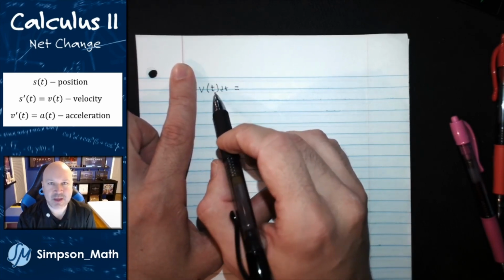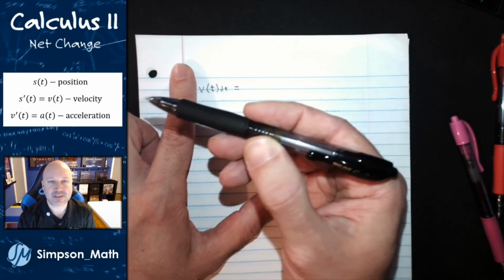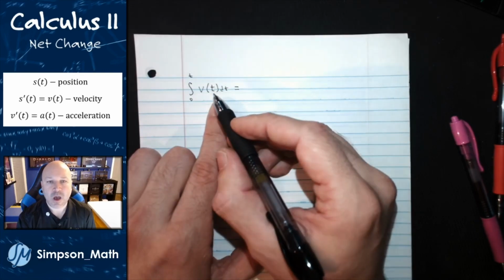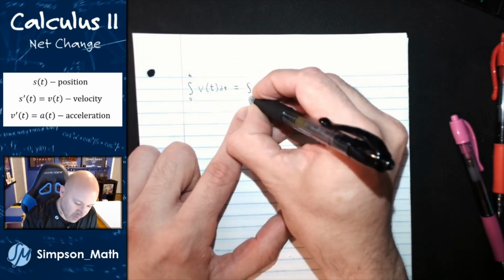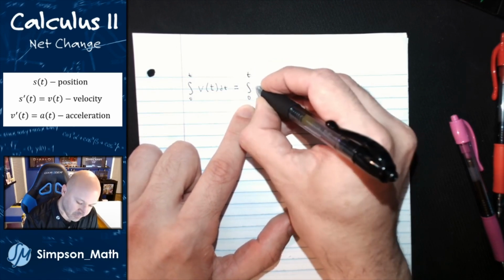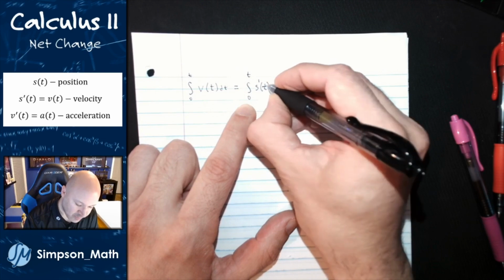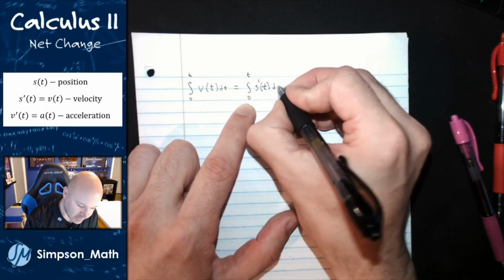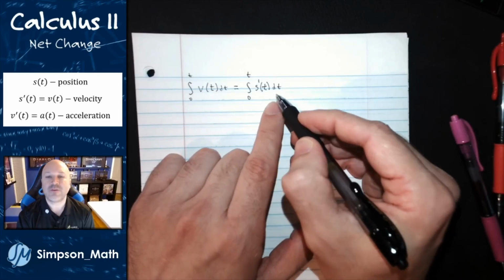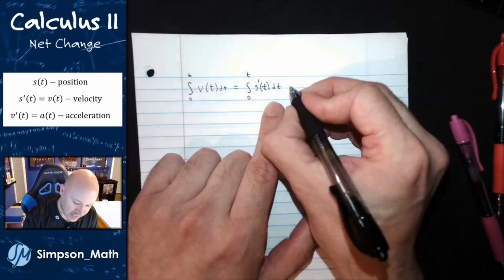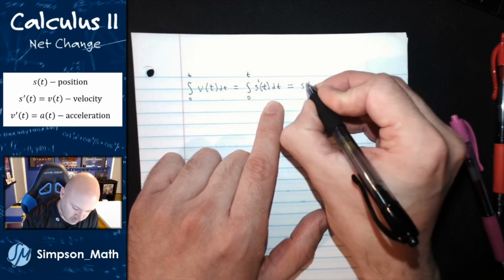Velocity is the same thing as the derivative of position. I've got it stated right there. So I'm going to say this is the same thing as the integral from 0 to t of s prime of t dt. Then we use the fundamental theorem of calculus to say, well, this is equal to s of t.